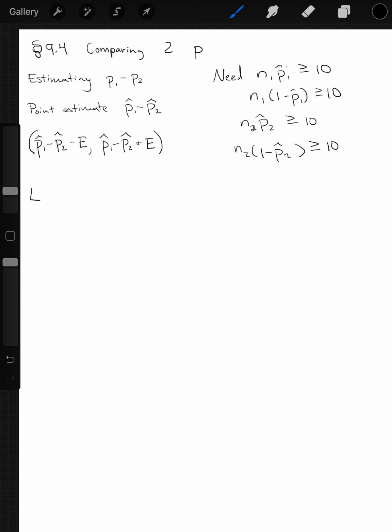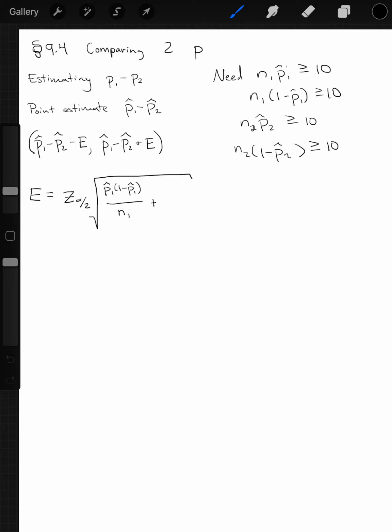And if we have all four of those things being the case, then we can continue on and find this confidence interval. And as always, what we need to know is how to find E. And like in last chapter, when we get to proportions, we're back to our Z table. I'm going to apologize. The Z table we're going to be working with is a little bit dirty. It's got some scratch marks on it, but it'll be fine. And then this should look very familiar because it's just like the one we did last chapter for proportion, right?